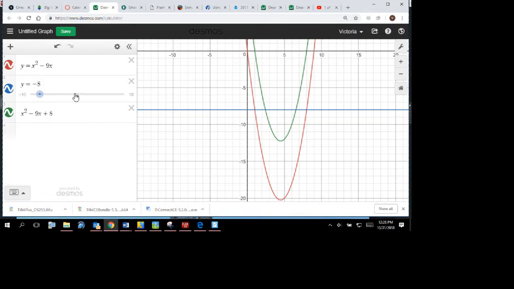Because it used to say equals negative 8. When we added 8, we pushed it up 8. And now we are just looking at the x-intercepts, which were 1 and 8, rather than before we were looking at the intersection between the red one and the blue one.